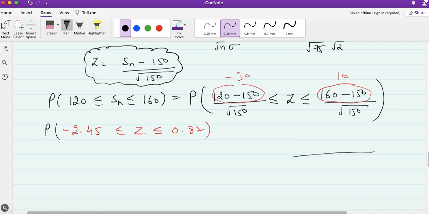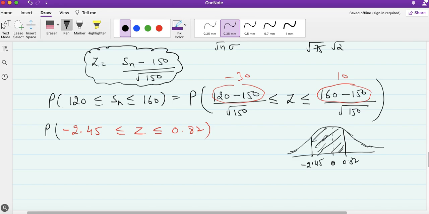Now let us see with the help of a diagram what we are looking for in this question. When we are converting into z, the location of the mean for z is at the center as 0, and minus 2.45 is somewhere here, and 0.82 is here, and we are looking for the area in between, right? Probability in a continuous distribution is always an area under the curve.